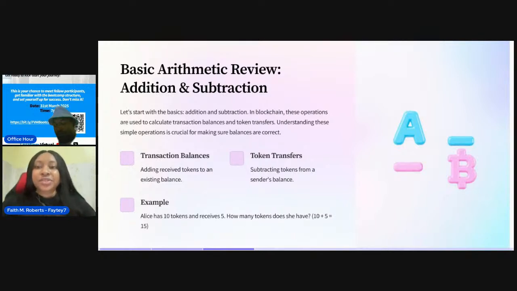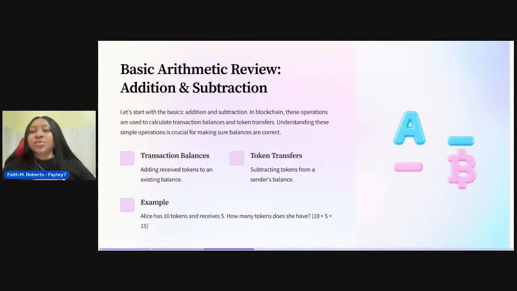So if I have 500 field tokens and I send 50 field tokens to one of you in the class, 50 field tokens must be deducted from my balance, while the person that received the token, 50 field tokens must be added to that person's balance. Now, I know it sounds like, yes, that is the law, that is what is meant to happen. But behind the scene, it is math that is powering this.